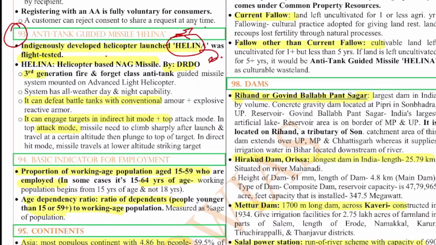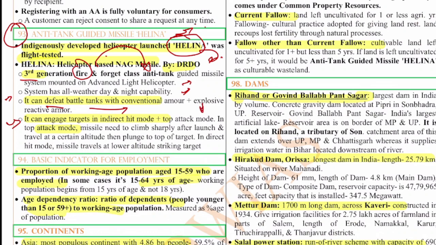It is a third generation fire and forget anti-tank guided missile mounted on the advanced light helicopter Dhruv, which is built by HAL, the Hindustan Aeronautics Limited. The system has all-weather day and night capabilities. It can defeat battle tanks with conventional armor and explosive reactive armor. It can engage targets in direct hit mode plus top attack mode.